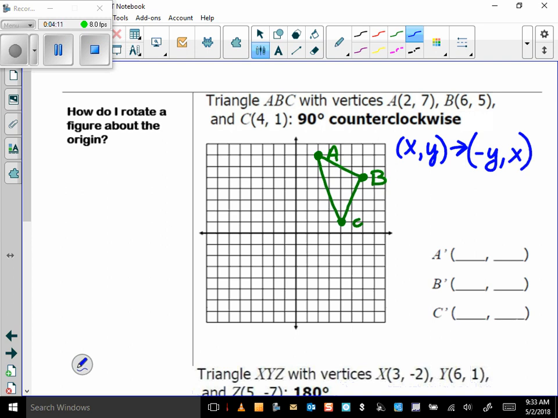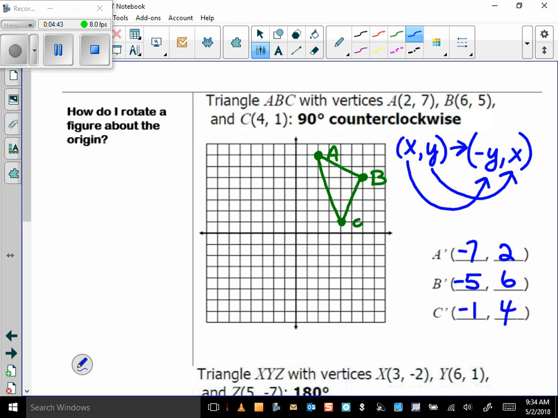A is 2, 7, so I'm going to change it to negative 7, 2, right? The original x component in the pre-image changes to y, and I make it negative, and the original y component in the pre-image becomes the x component, and that's all I have to do. So B prime is going to be negative 5, 6. C prime is going to be negative 1, 4.